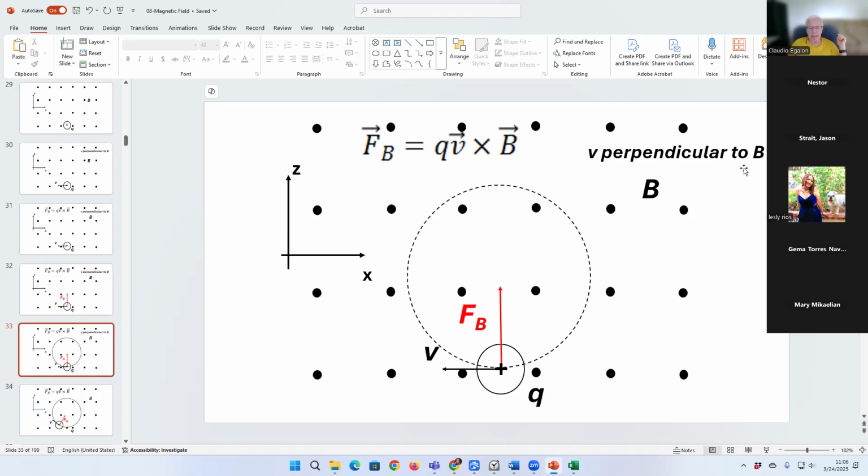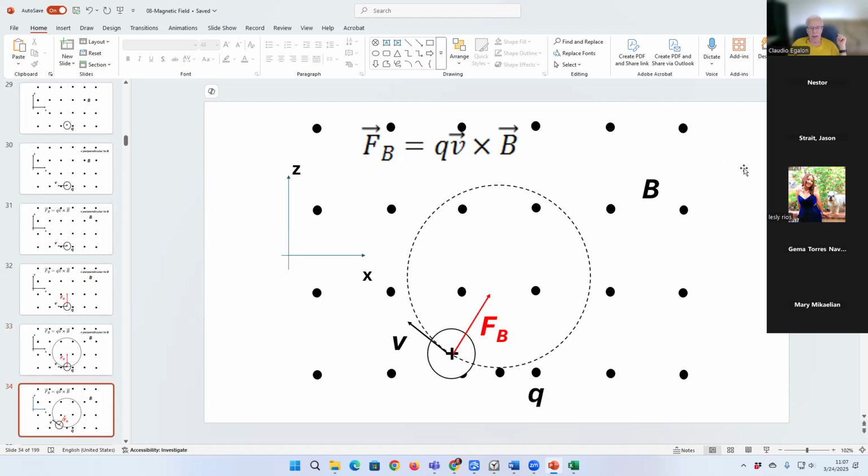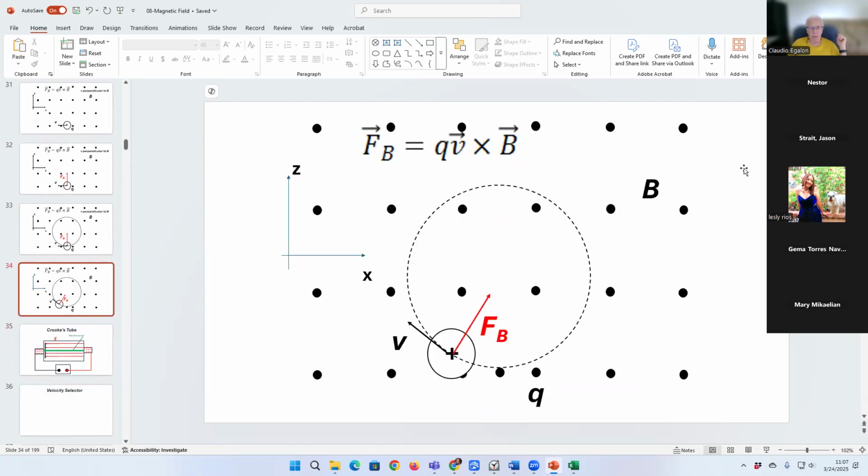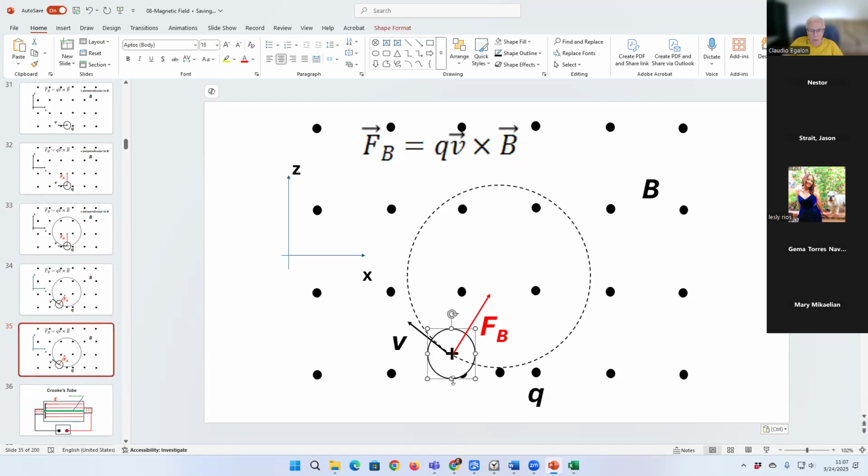So that's going to be the type of motion that we are going to get for the charge. Here you go. The velocity, because the force is perpendicular to the velocity, doesn't change its magnitude. It changes only its direction.